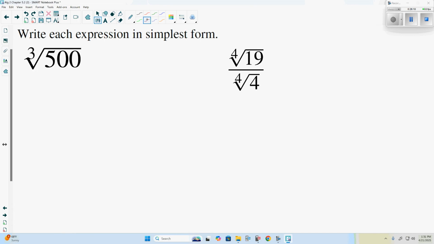So 1, which doesn't help us, and then 8, 27, 64, 125, and going out and dividing those and seeing which one works. Well, probably doing that is just as fast as saying, well, I know 500 is divisible by 2, which is 250. 250 is also divisible by 2.